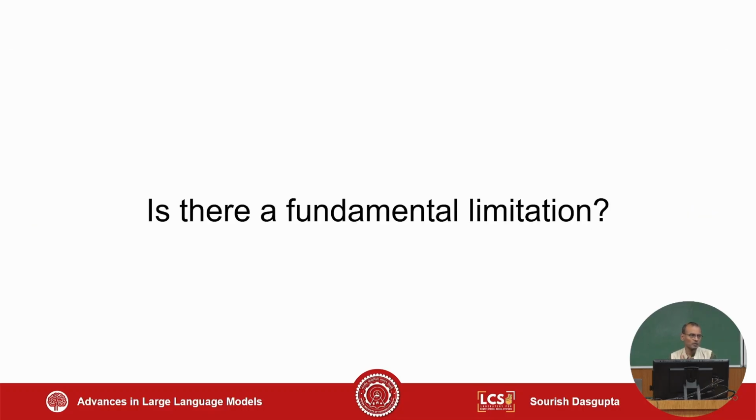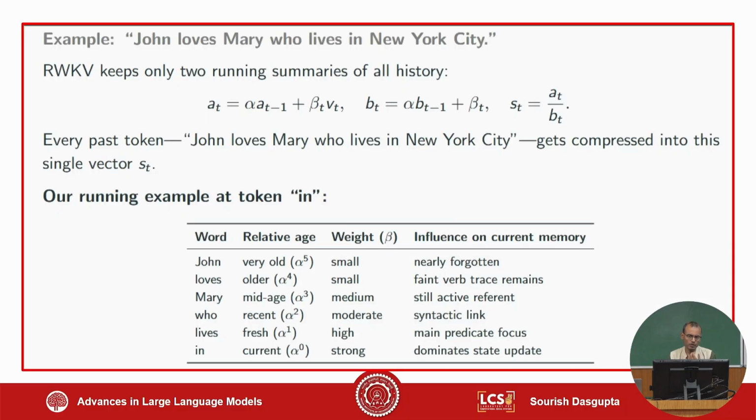So is there a fundamental limitation for Rakov? If you look at the core of the Rakov model, you see this recurrence of the state a_t, where alpha is the exponential decay that you apply on the previous state, and beta_t is the update gate that is applied on the value.